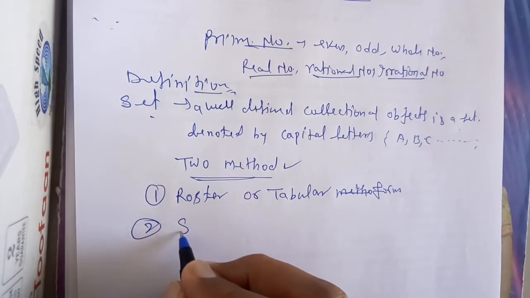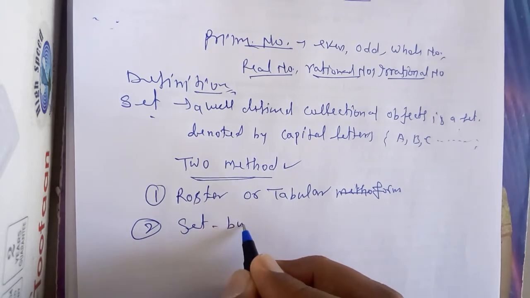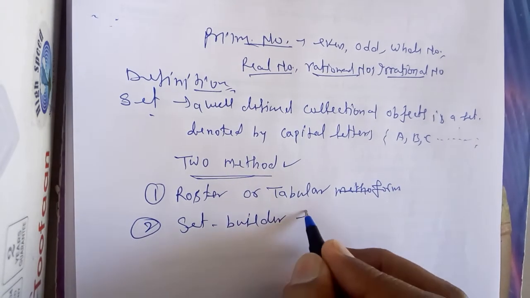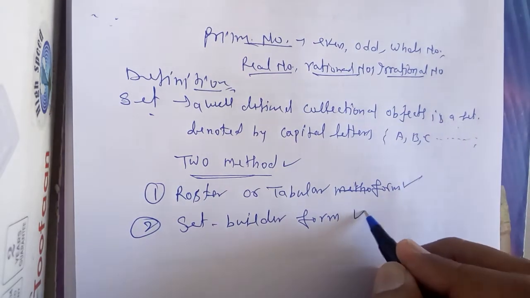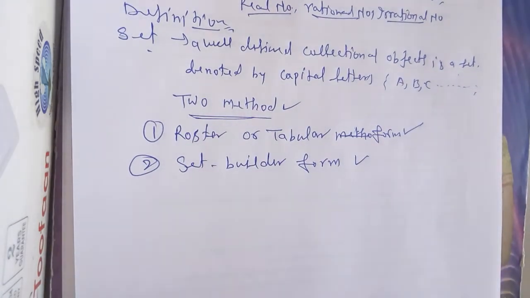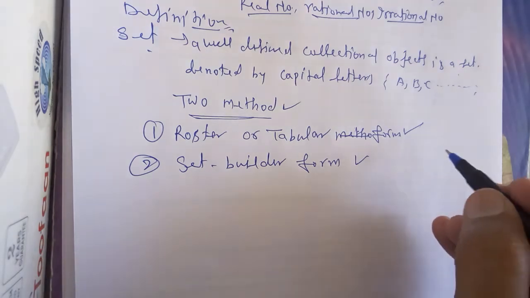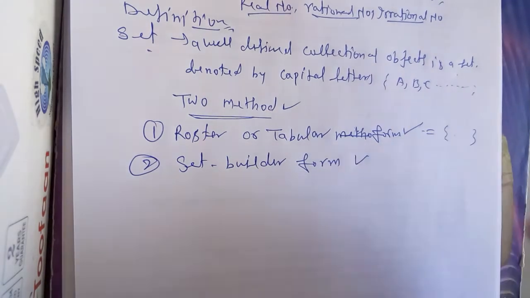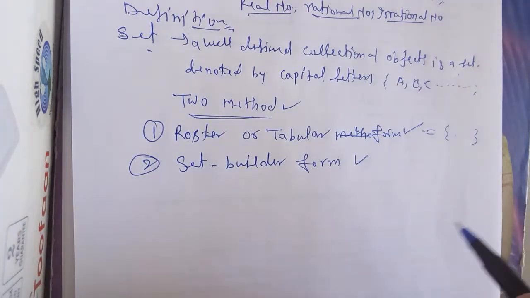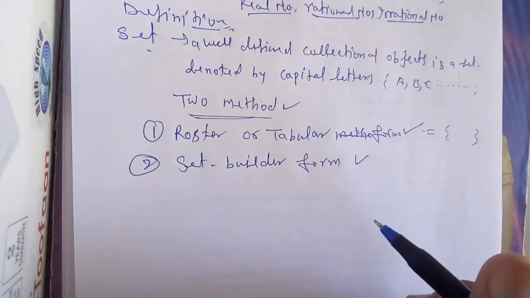Second method, set builder form. This is the first method and this is the second method. Roster means table type, bound in braces, in middle brackets. Set builder form is a word problem type.